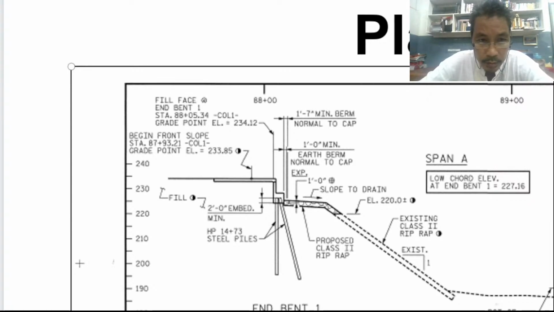So Col 1. What do we mean by Col 1? That's a column. And that is our what? 88 plus 00 in our survey of the area.